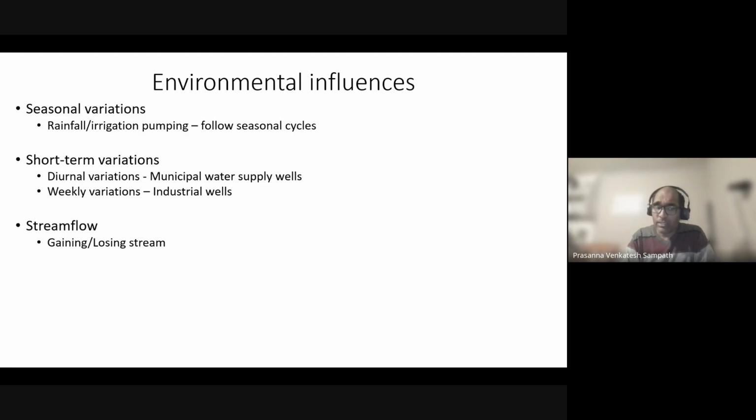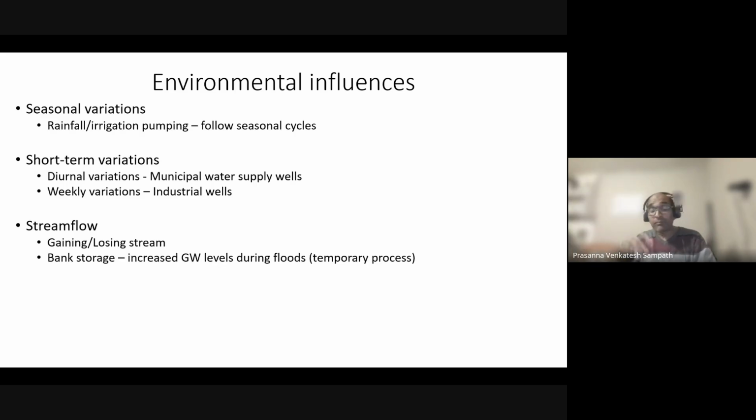Okay, so if there is a gaining stream, the aquifer is actually losing water to it, which means the water levels in the neighborhood of this gaining stream will definitely be impacted by the presence of such a stream. And the other case is also possible. If the stream is providing water, then that might also help enhance the water levels in the surrounding regions near the stream.